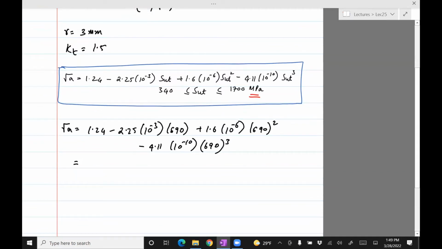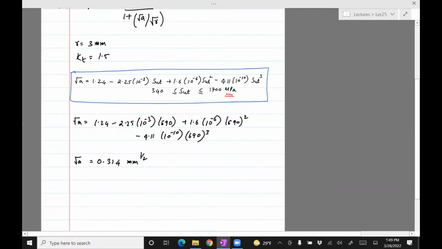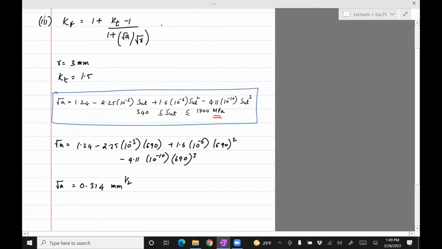If you compute this, the answer, in mm raised to half, comes out to be 0.314 mm raised to half.